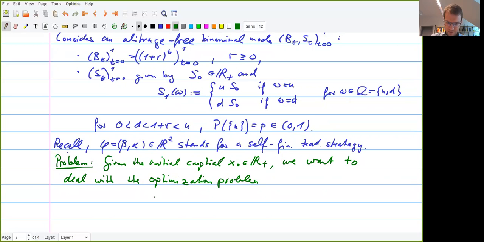Given this, what do we want to maximize? Our expected terminal wealth.